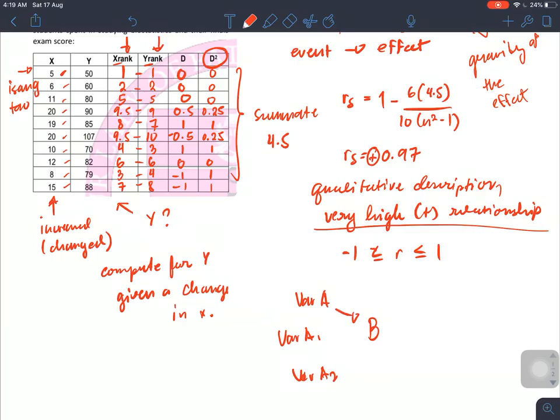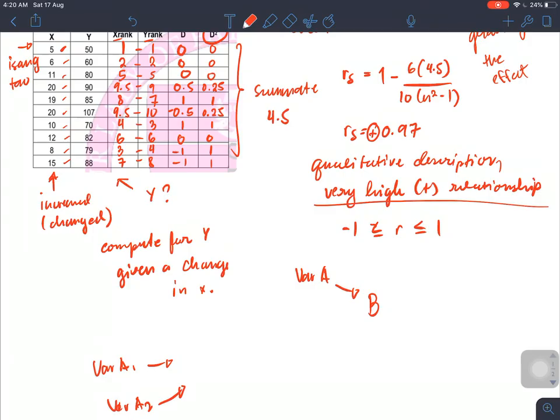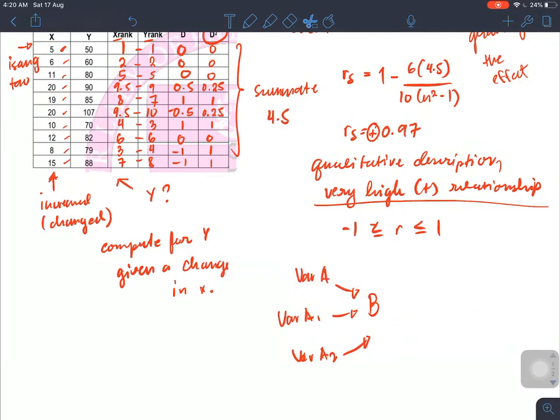And all of these would affect our variable b. However, kapag isa lang po yung pinag-uusapan nating variable, that would be single. Kapag marami na po tayong variables na nakaka-apekto kay variable b, then that would be considered to be multiple linear regression. Okay, by the way, our prediction models is otherwise known as the regression models.